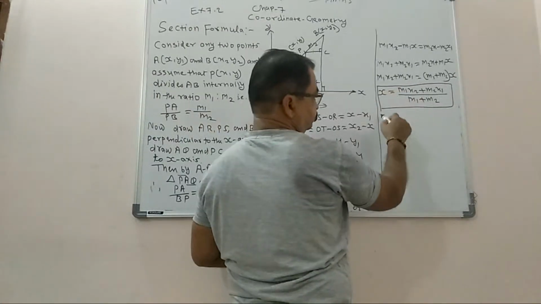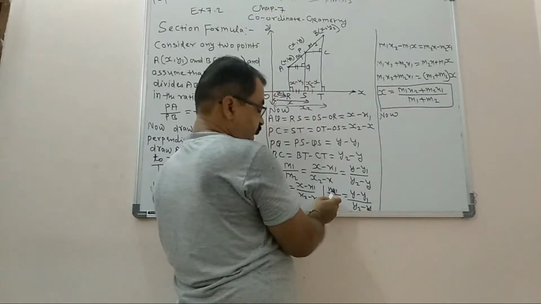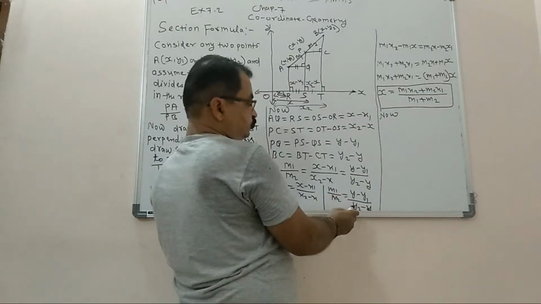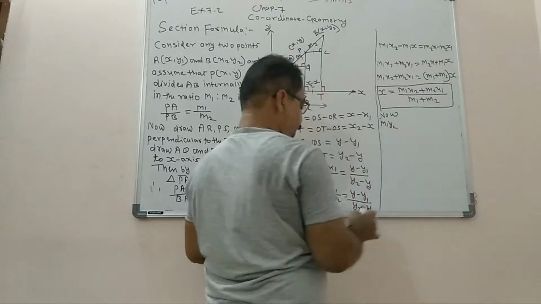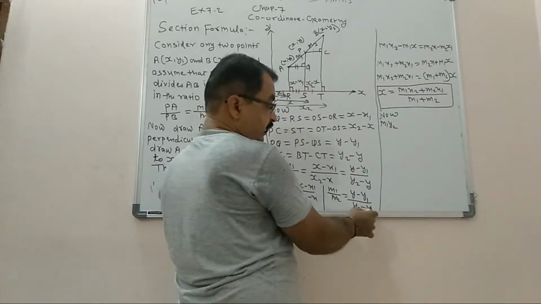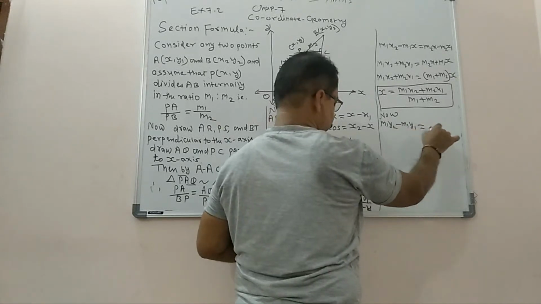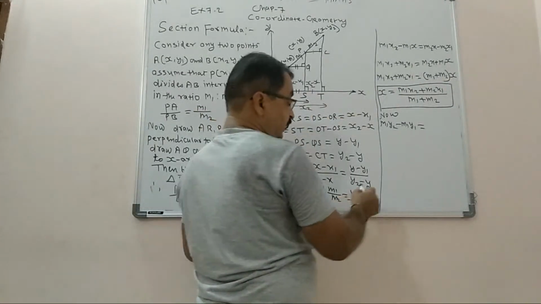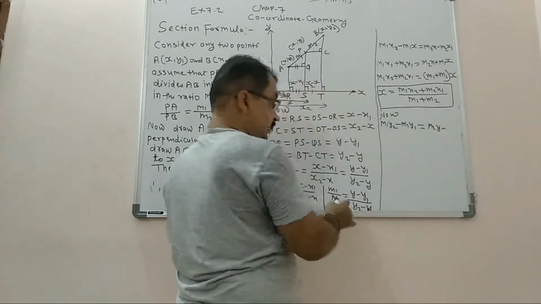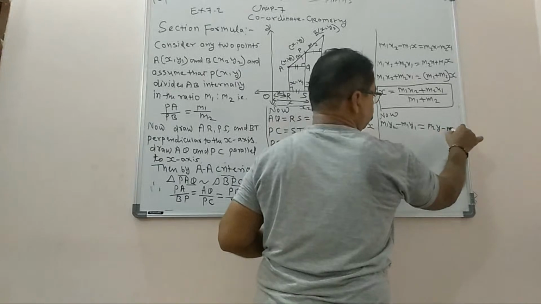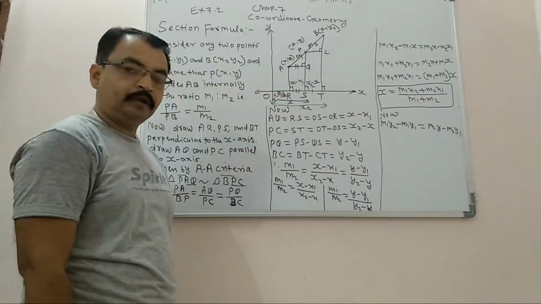Now second part, see, m1 y2, cross multiplication, m1 y2, children, minus m1 y1, then m2 y minus m2 y1, right, children?